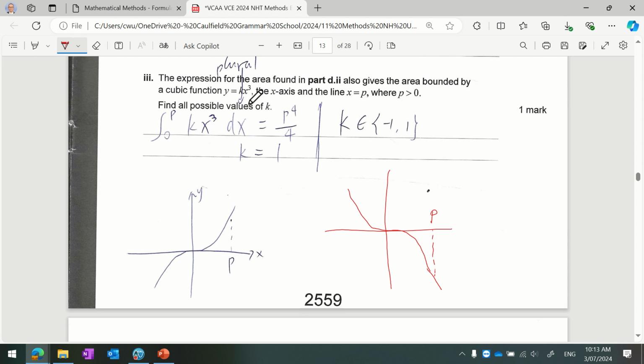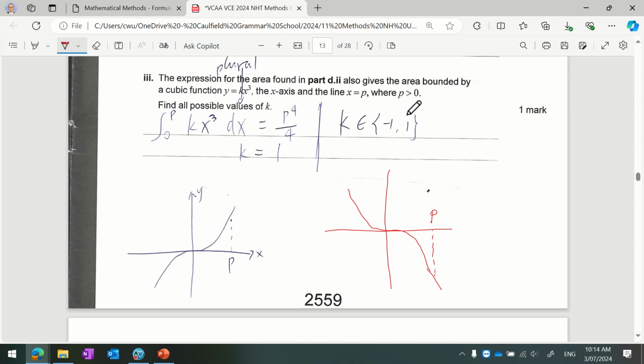But then the question says find all possible values of k, which is a plural noun here. It's got an s at the end, so this gives us a hint as to what the question is looking for. It's looking for multiple values of k. And it says area, so negative area also counts. The area between the curve, the x-axis, and x equals p is, in this case, p to the power 4 over 4 if k is -1, if it's a simple reflection in the x-axis.